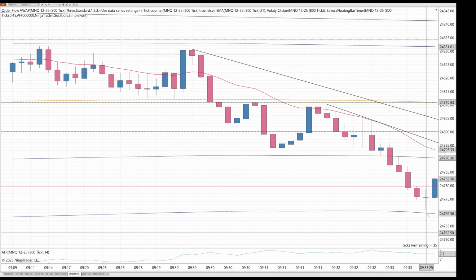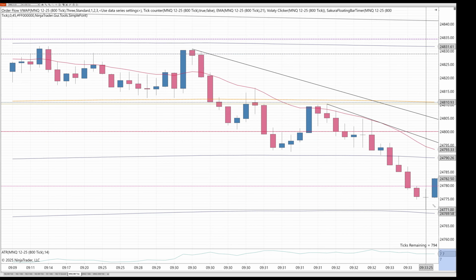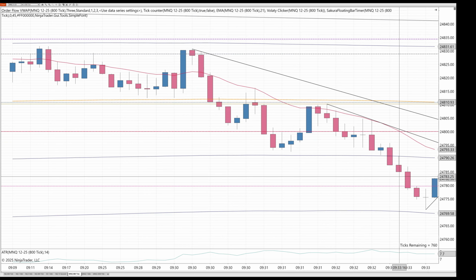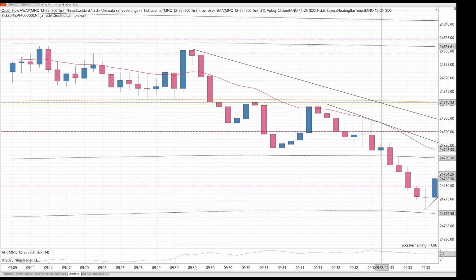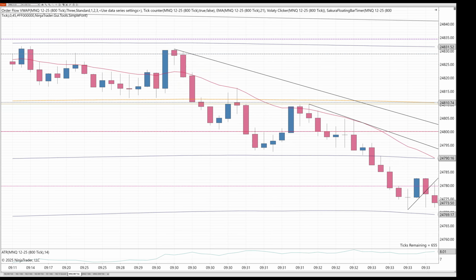And then finally the runner gets taken out right there. So we draw a new trend line. We have this wedge. We're just going to wait until we come into a key area. This is a double bottom.